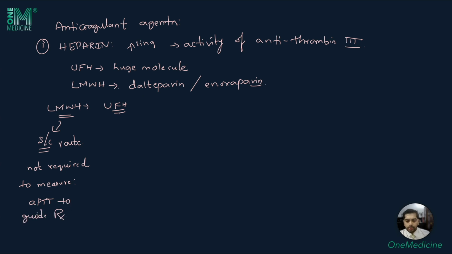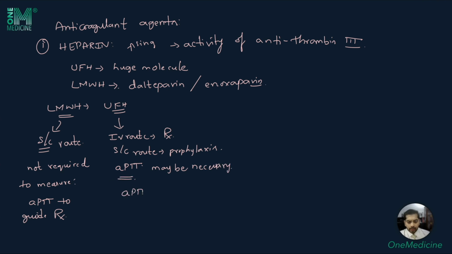Whereas unfractionated heparin is usually given in IV route for treatment and subcutaneous route is preferred for prophylaxis. And monitoring by activated partial thromboplastin time may be necessary, and when it is required, APTT in the range of 1.5 to 2 times the upper limit of normal is used as a target range for therapy.